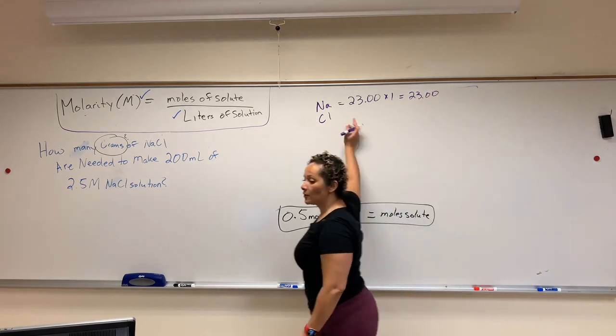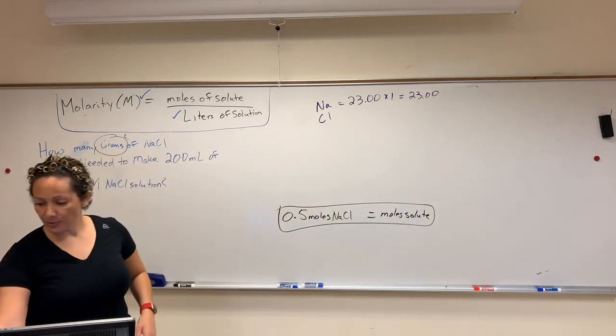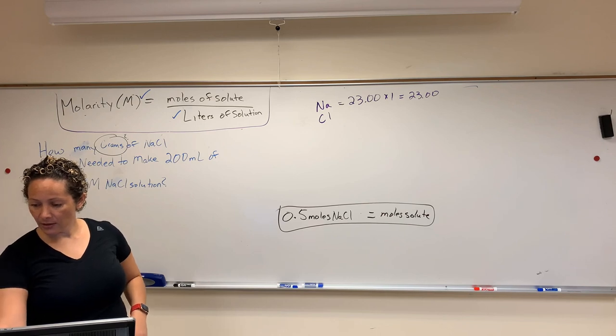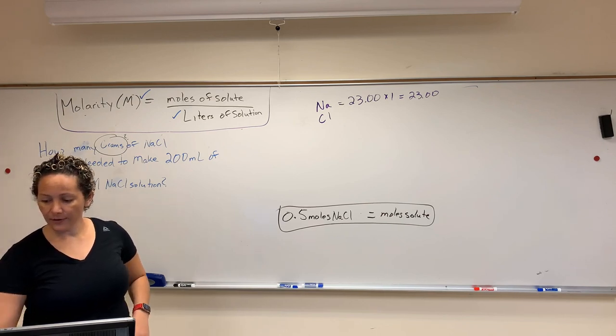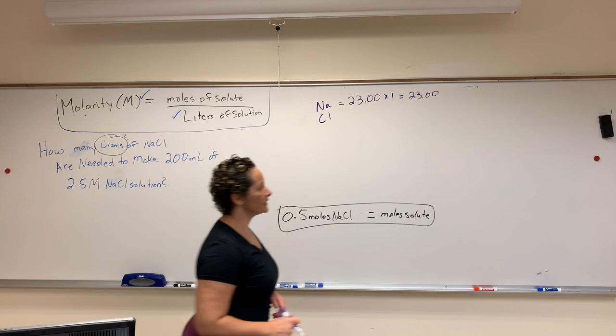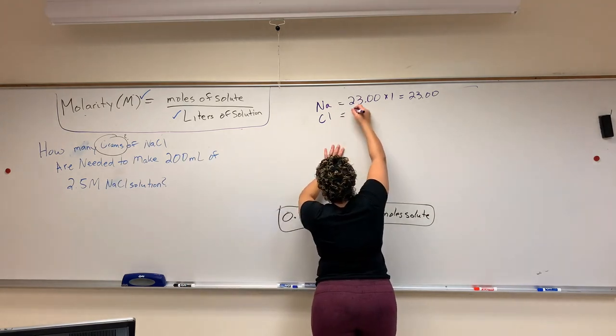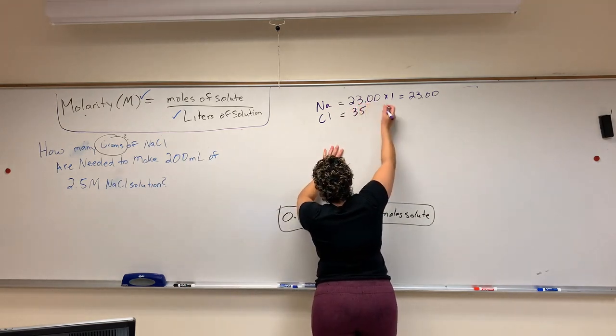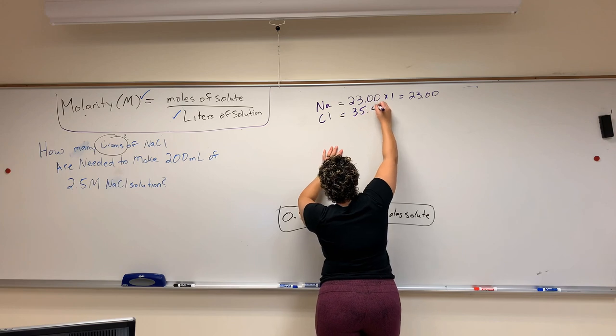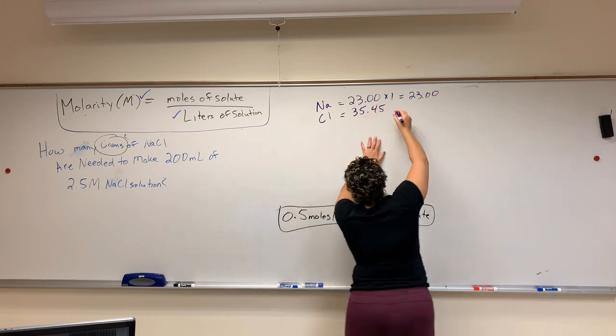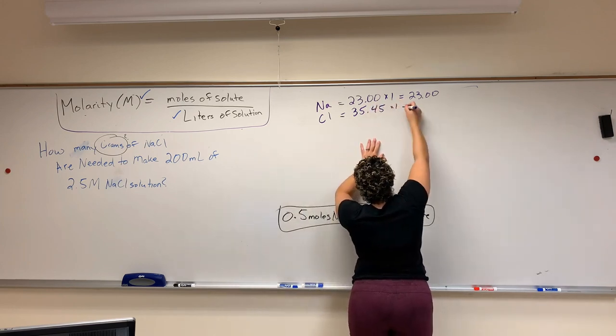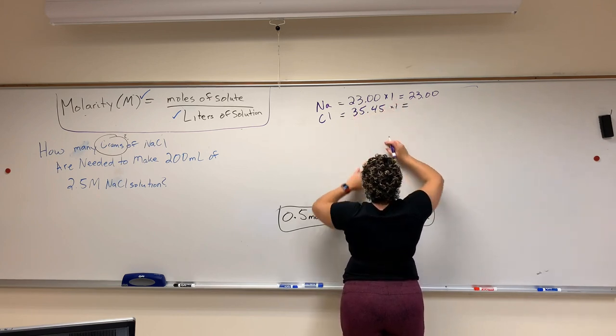There's only 1 atom of chloride. Chloride should be 35.45. It's number 17. Chlorine equals 35.45. There's only 1 atom. Equals, I know I should be using brackets.